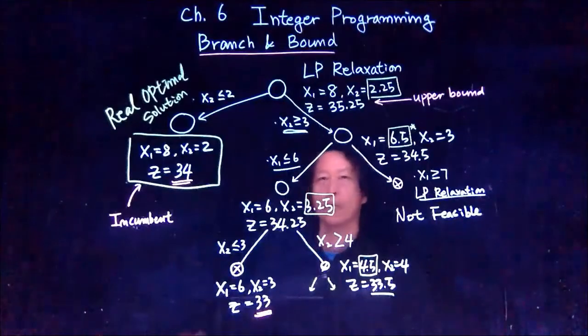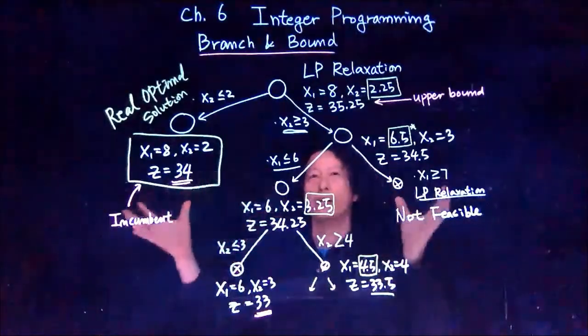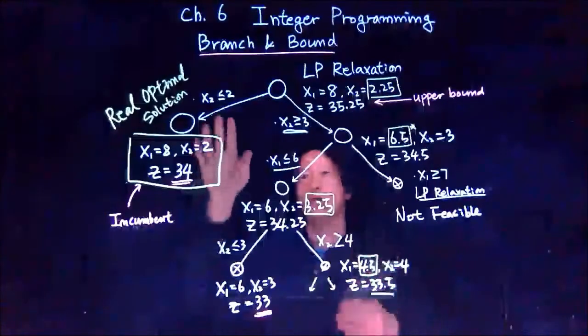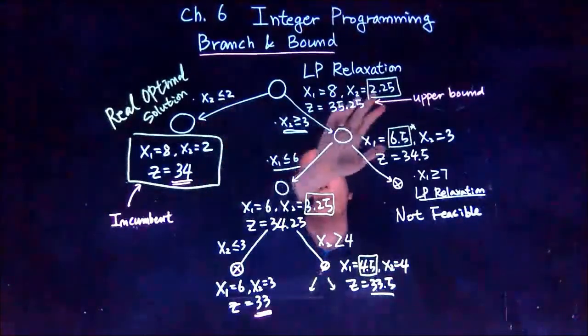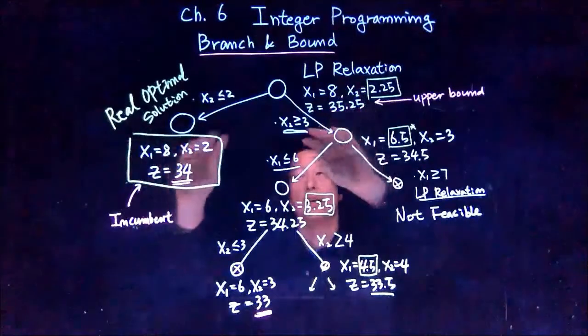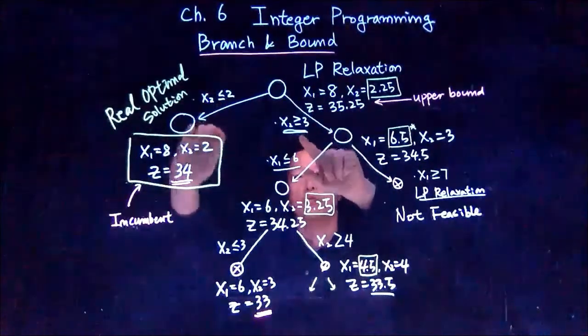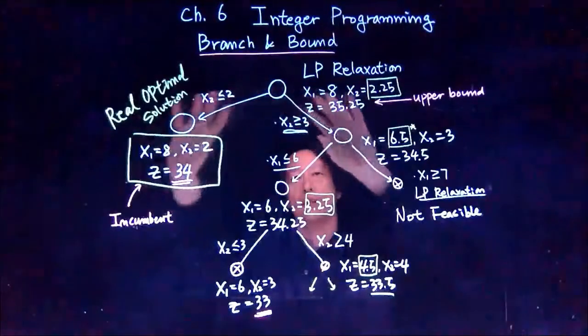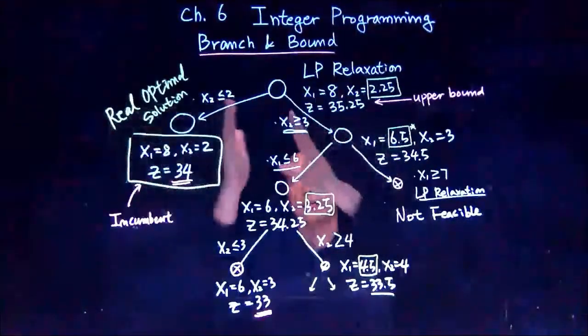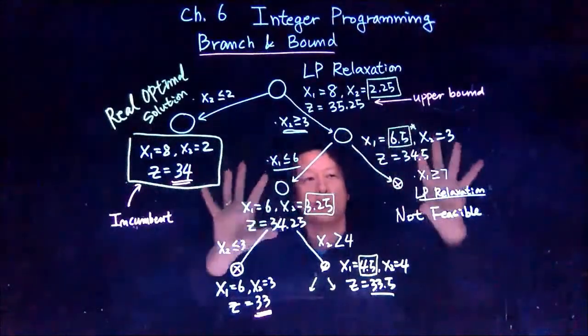Okay, so we divided the problem, divided the area. So taking the 2.25 into smaller than 2 or greater than 3. So of course we have to include the 2 and 3 so that we don't lose any feasible areas. And then we solve the LP relaxation.